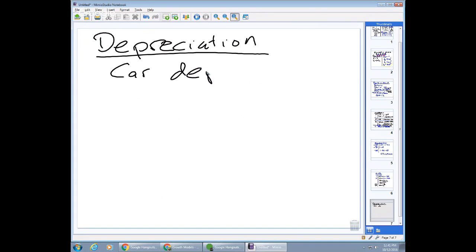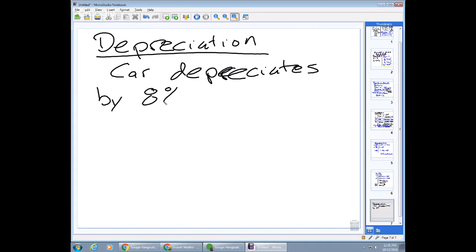So let's say a car depreciates by 8% per year.